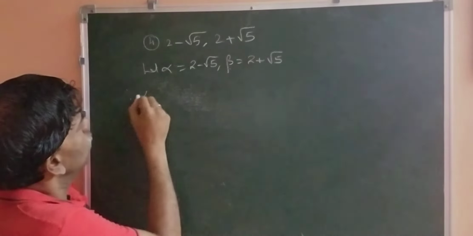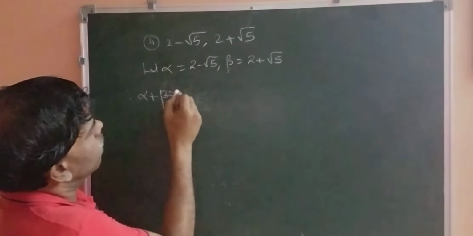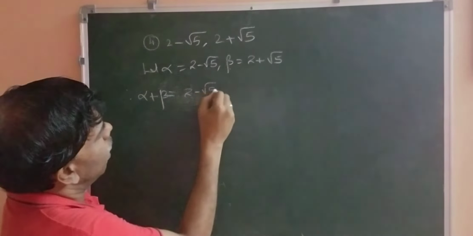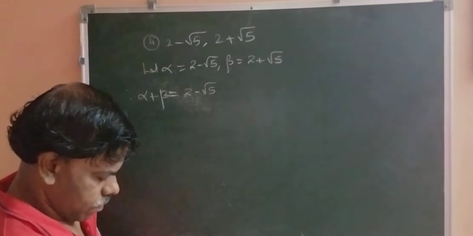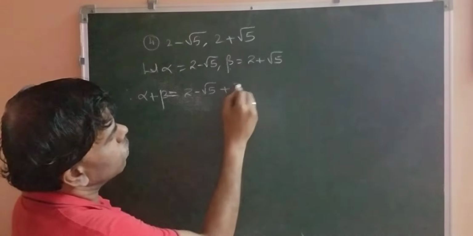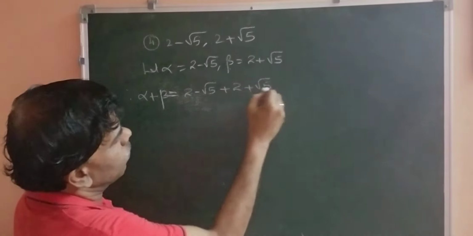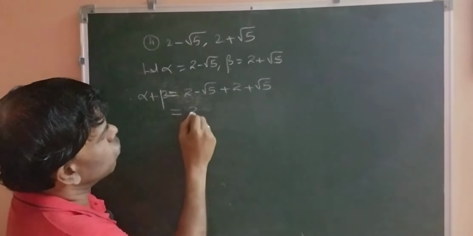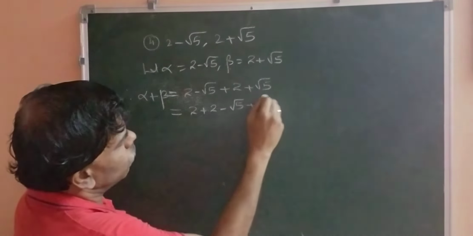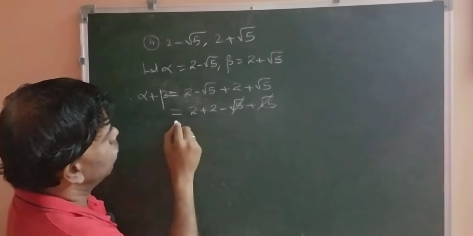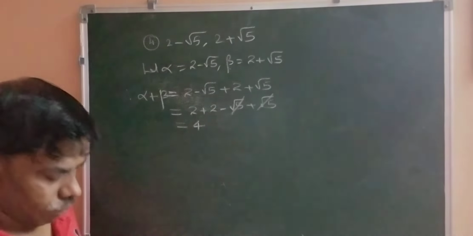Therefore, alpha plus beta equal to 2 minus root 5 plus 2 plus root 5. Writing the like terms together, 2 plus 2 minus root 5 plus root 5, we are getting 4.